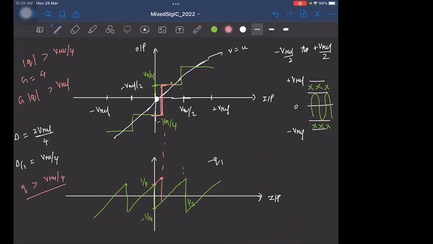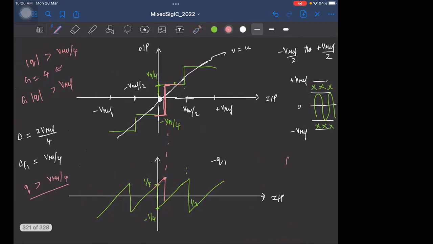So instead of using a gain of 4, if you use a gain of 2, the quantization noise will be within this range, minus Vref by 2 to plus Vref by 2. And even if the quantization noise exceeds Vref by 4, this might only exceed slightly beyond minus Vref by 2 and plus Vref by 2. That's fine, right? Ideally, it's within plus or minus Vref by 4. So if you use a gain of 2, it's going to lie in this range.